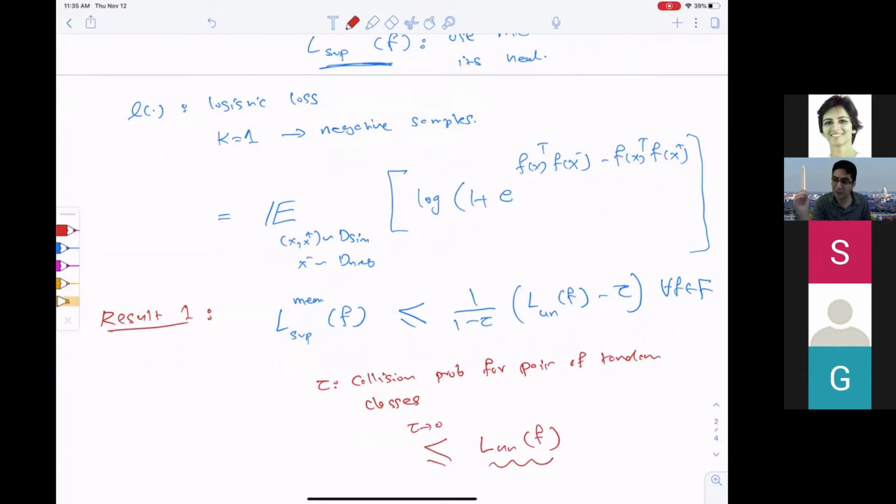That unsupervised loss upper bounds your supervised loss, but not exactly the best supervised loss, right? The caveat here is that the last layer in the supervised loss is the mean.